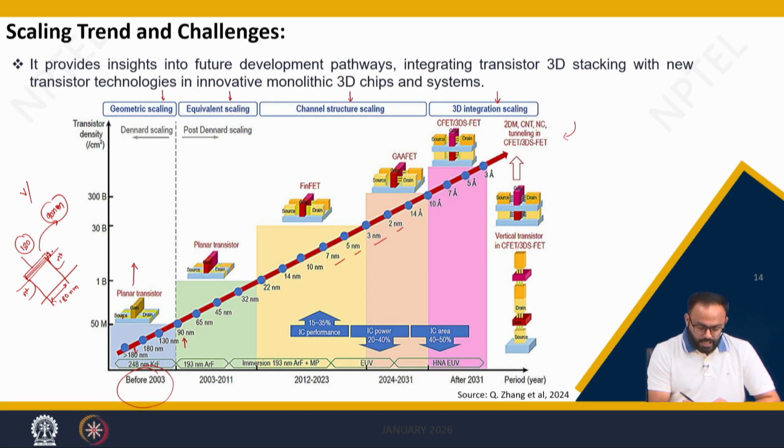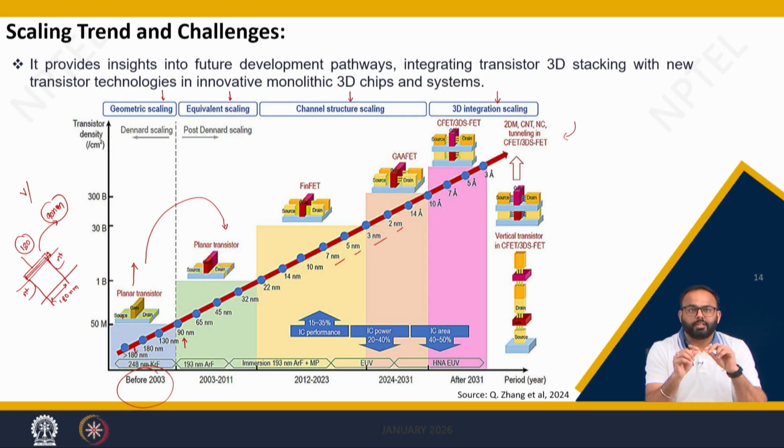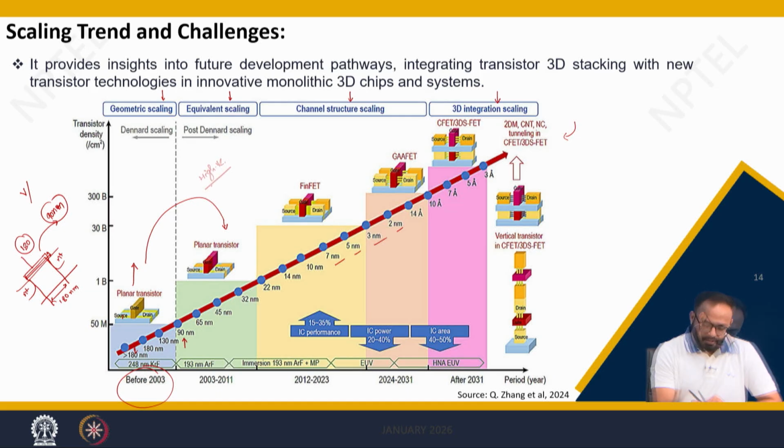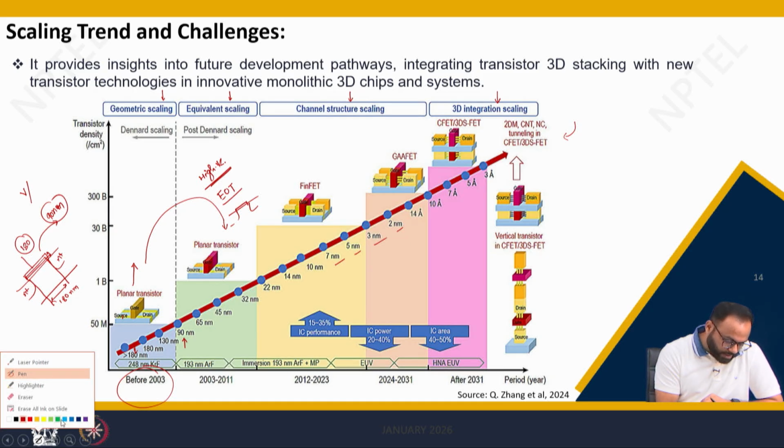So, when you do this geometric scaling, the oxide thickness becomes very thin. So, researchers suggested that why not use some high K dielectric to avoid that gate leakage. You remember we discussed effective oxide thickness, where I discussed that instead of using a simple silicon dioxide layer, we have a stacked oxide layer.